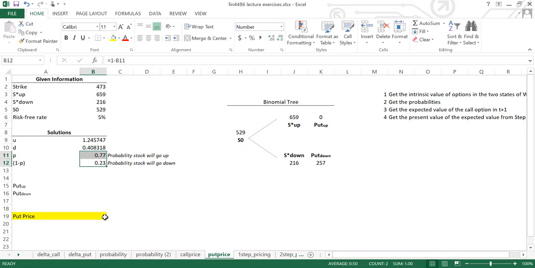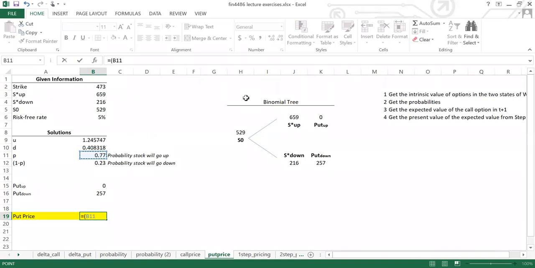So after we have this, we can copy these values, which we already calculated, right? We can just copy them there. And then what is the put price? I'm going to delete this. For the put price, let's keep in mind, it will be the probability of the stock moving up.